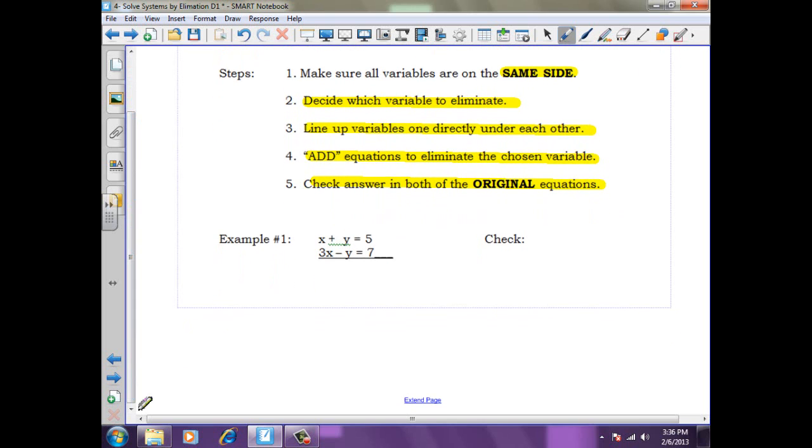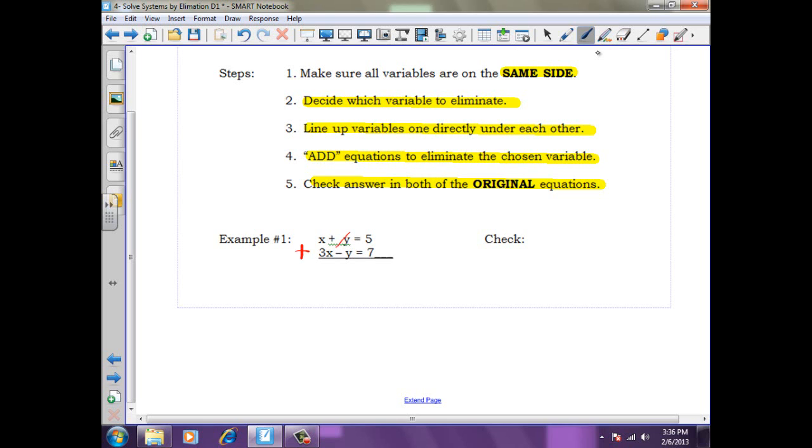Remember that our goal is to eliminate one of these variables. Now if we look at our two equations, x plus y equals 5 and 3x minus y equals 7, we can see that our y's, when we begin adding these two equations, will nicely drop out.